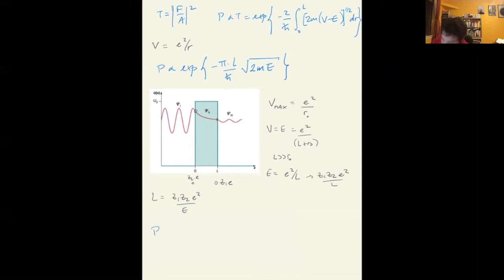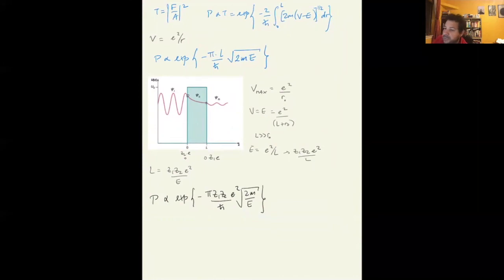then you find the final form of the probability of quantum tunneling. The probability is proportional to the exponential of minus pi Z1 Z2 e squared over h bar times the square root of 2m over E. You can notice that most quantities in this expression are constants.